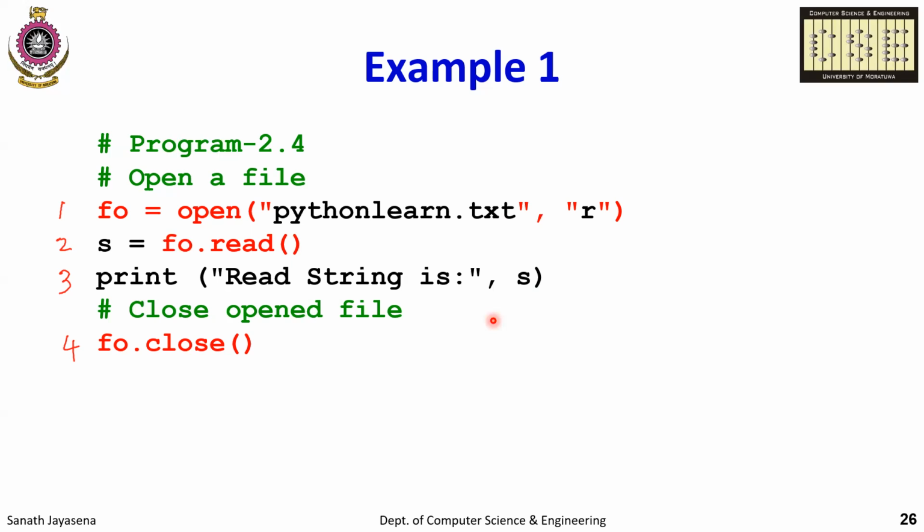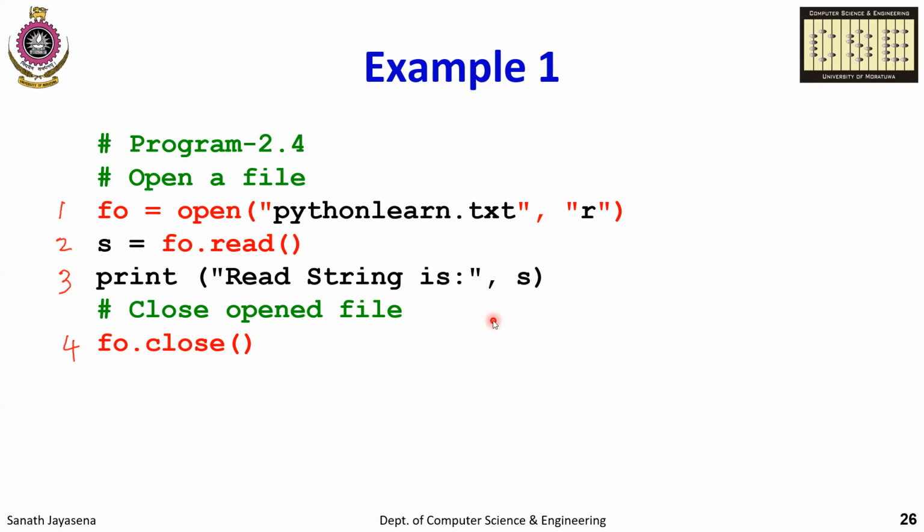Whereas the Python programmer has not been worried about this at all. It doesn't matter to the Python programmer. The Python programmer assumes in this case that there is enough memory to read the whole content of the Python learn.txt file and writes it that way. But there is some problem actually at runtime. If, for example, this file is so big and there's not enough memory in the system to read everything in the file into memory, then there will be a runtime problem.